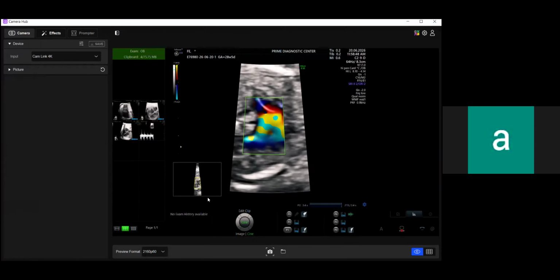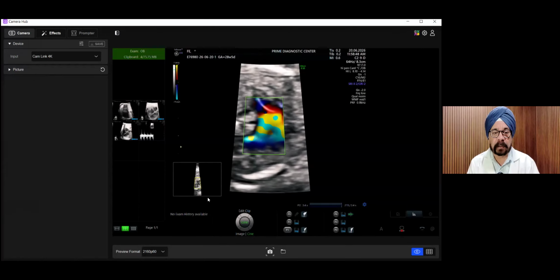Then the second thing we look for, in case the heart is shifted towards the right side, is the right lower pulmonary vein, and we have documented one patient with PAPVC of the right lower pulmonary vein entering into the inferior vena cava, and that is what is called Scimitar syndrome.